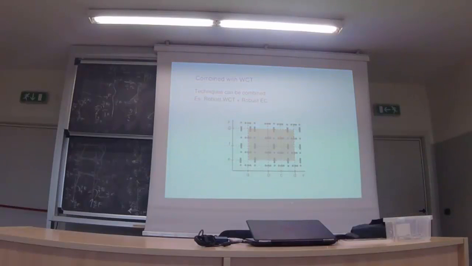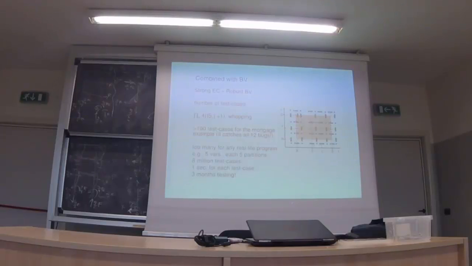We can even combine all of these, with the robust of the first one and the robust of the second one. So we obtain this kind of number of sample points. The number of test cases in this case is enormous. It is the product of 4 times the size of each interval plus 1.